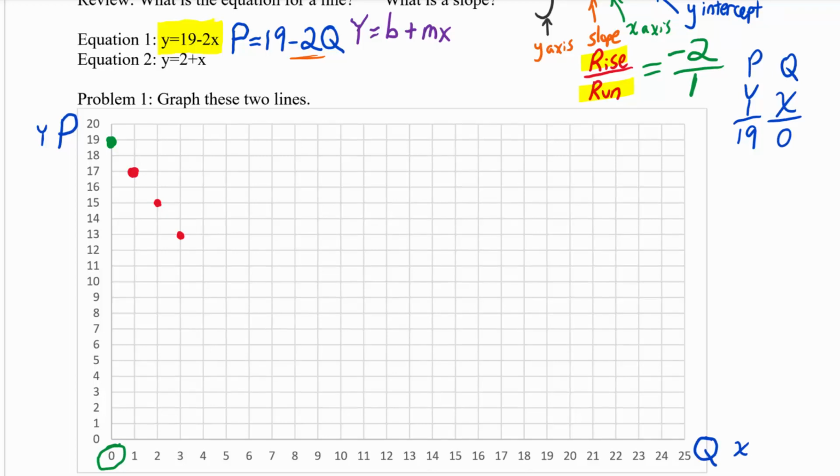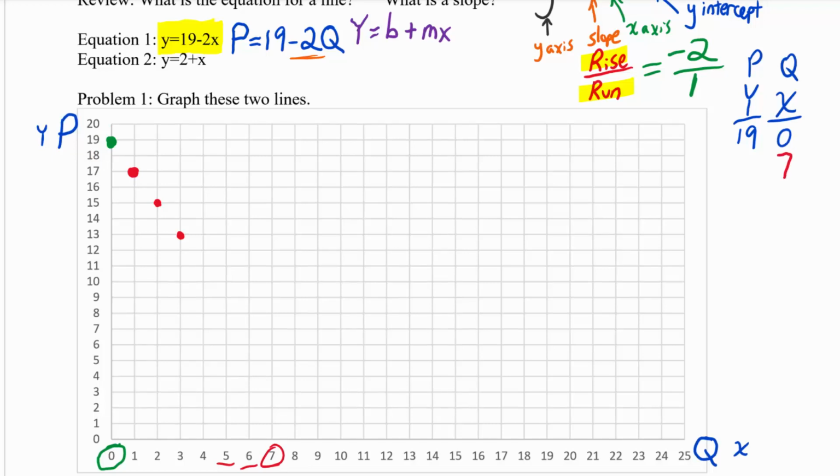So let's pick a quantity that is a little higher. Maybe 5 or 6 or 7. It's not really important what we pick, but pick a point that's far enough from that initial point of 19 and 0 to where we can get a really good feel for what this line really looks like. So let's choose, say, 7. What if the quantity was 7?